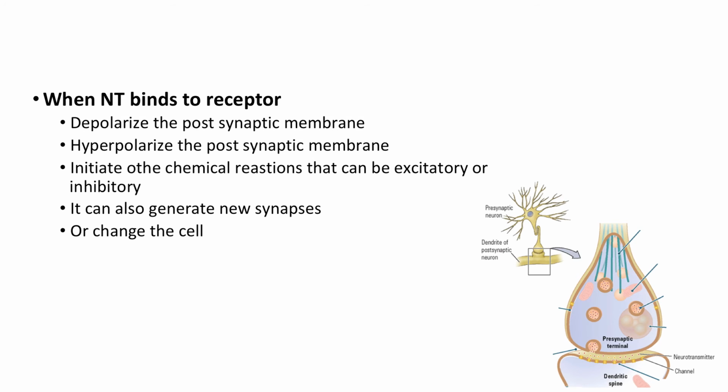They can also initiate other chemical reactions that can be excitatory or inhibitory. We're not going to go into the detail of those. They can also generate new synapses, or if there's too much of the neurotransmitter, they can take receptors away, so they can technically also change the cell.